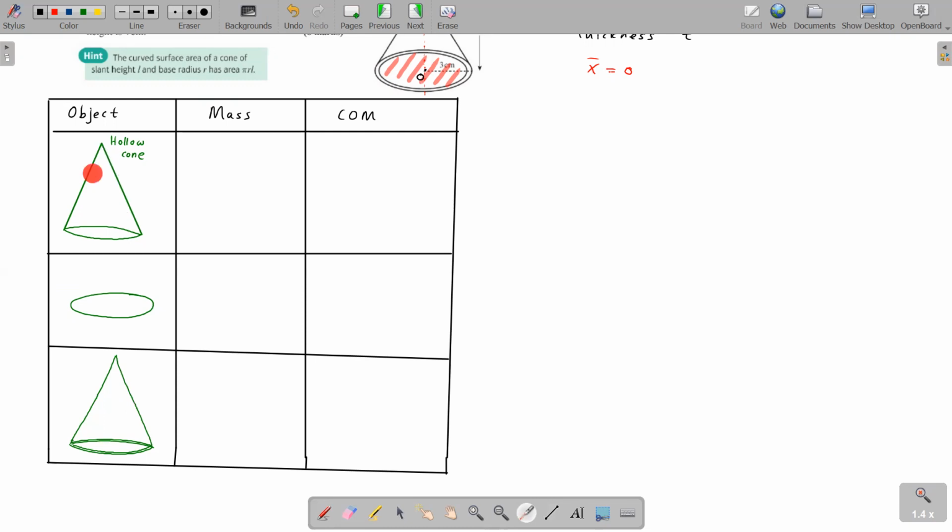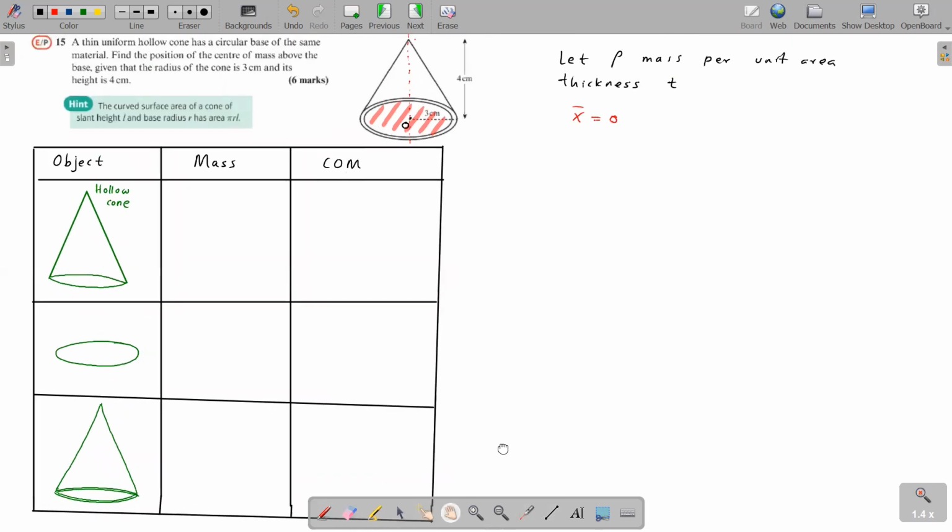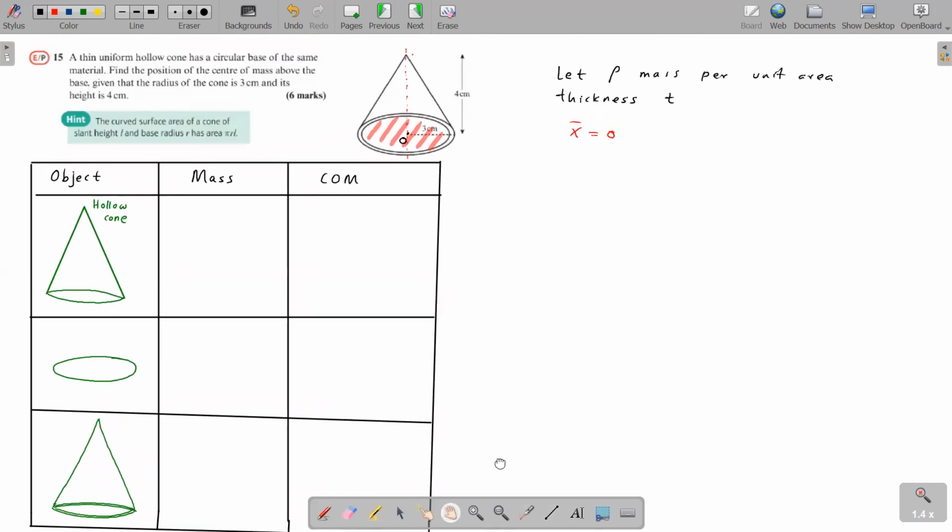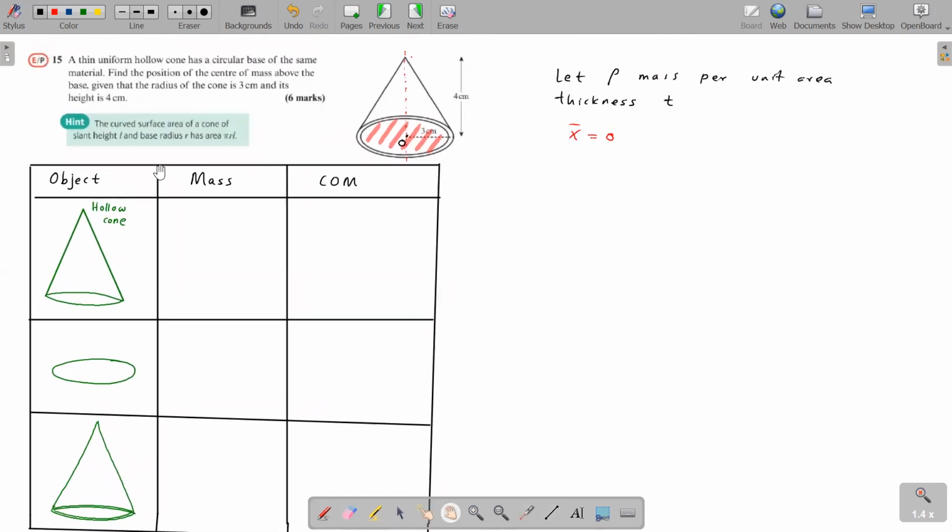You can see that you have the hollow cone. So this one is empty. Then you fit the circular lid, and then you get this. Right. So let's go for the mass. So mass is proportional to the area. So we can go for mass as pi RL. Let's get the values. But L stands for the slant height, so you'll have to get the slant height. What is that?